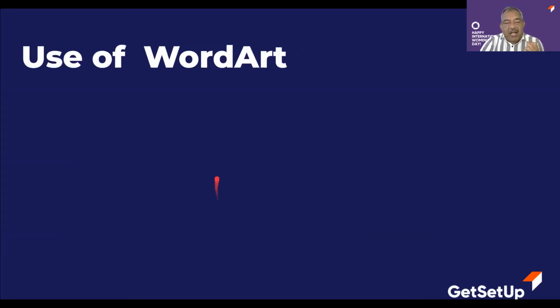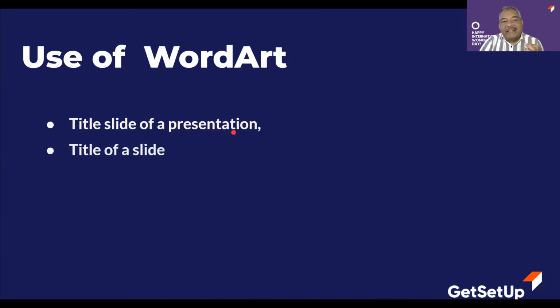Right? Now, that was WordArt, the first thing, the information about it. Now, where do we use it? The use of WordArt is generally the title slide of a presentation. If we are looking at PowerPoint, generally the title slide of a presentation, and the titles of slides.